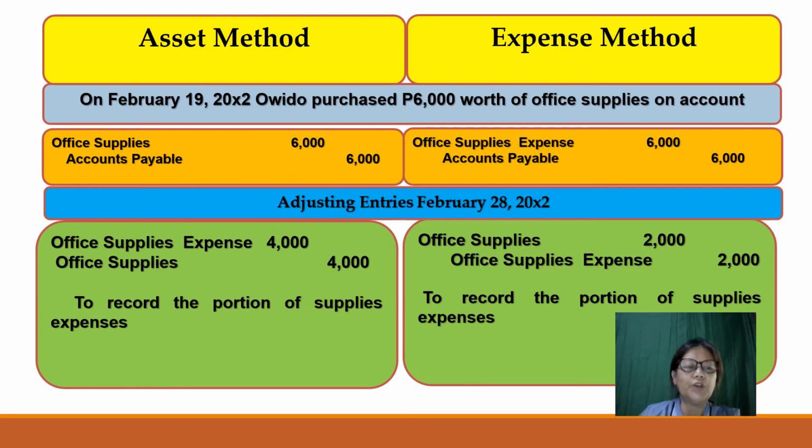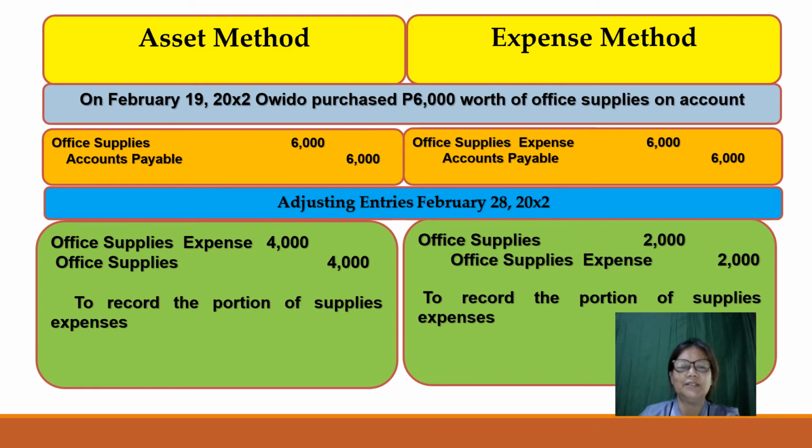Therefore, in order to arrive at the 2,000 pesos office supplies, we have to credit the office supplies for 4,000. And this means that 4,000 is used already as of February 28. Did you get it, class? Any question?